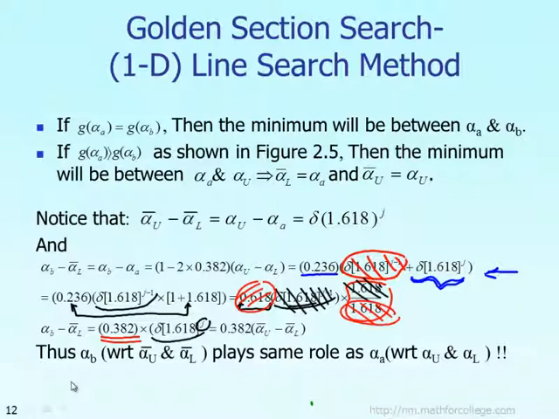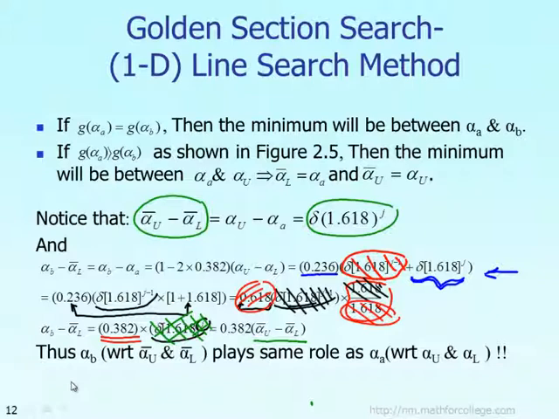Interesting enough, there's one more observation. What is delta times 1.618 raised to the power j? Well, that guy is the same thing as the new upper bound subtract the new lower bound. And that's why I want to replace this guy by the new upper bound subtract the new lower bound.